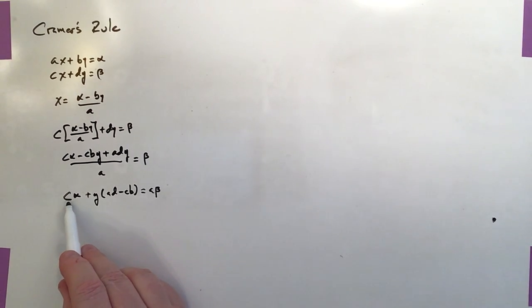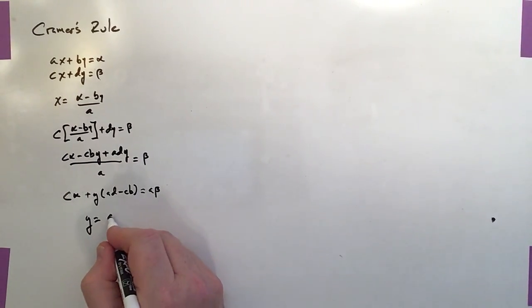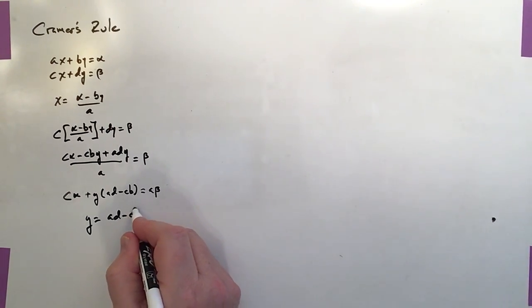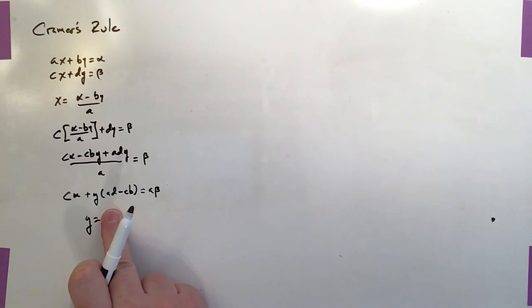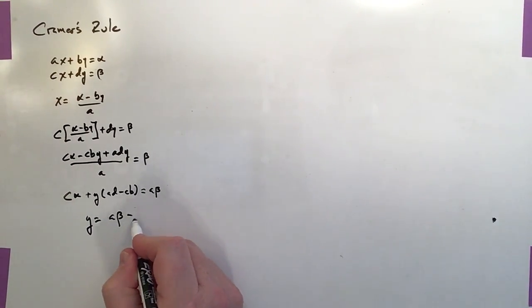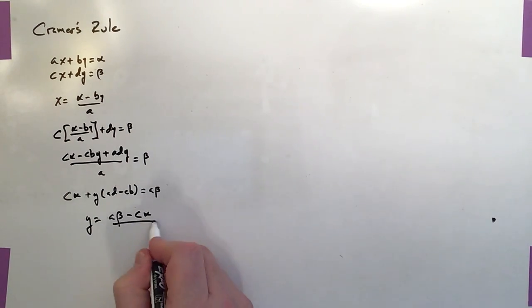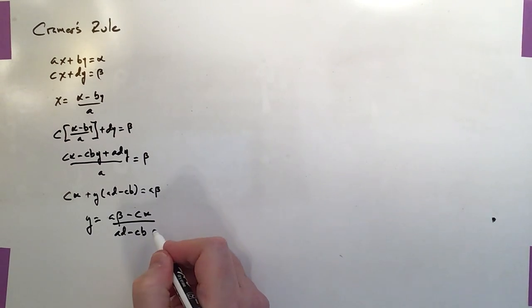And we'll bring the c alpha to the other side and divide. So y then will be equal to, it'll be a beta minus c alpha, and then it'll all be divided by ad minus cb.